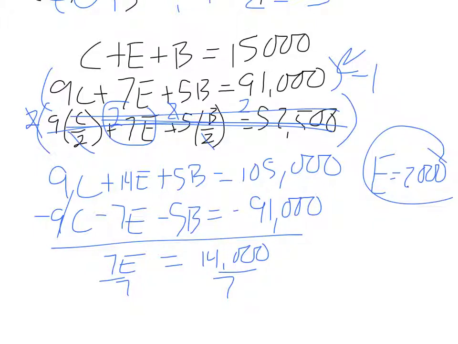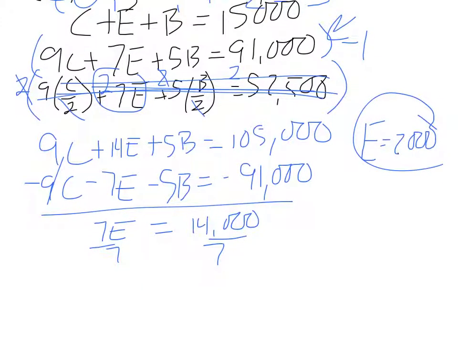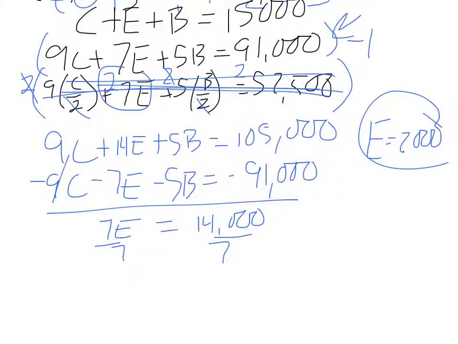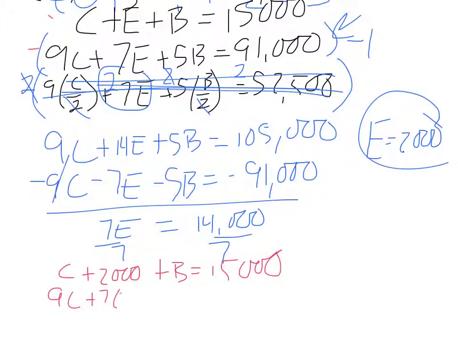So then, because we have one of the variables, we can plug those into a couple of them up here. So I'm going to plug them into this one, this one, and this one. So I can say C plus E, which is 2,000, plus B is 15,000. And then I can say 9C plus 7 times 2,000, plugging that in for E in the second equation, plus 5B equals 91,000. Excuse me.